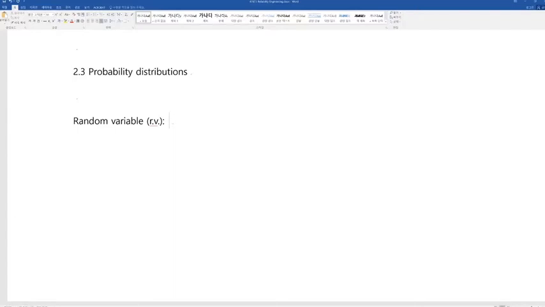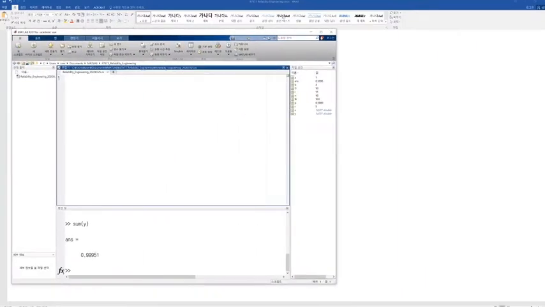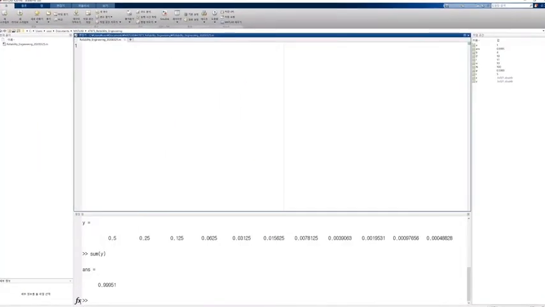When you do some computer programming, you utilize some variables. Okay, this is our MATLAB environment.